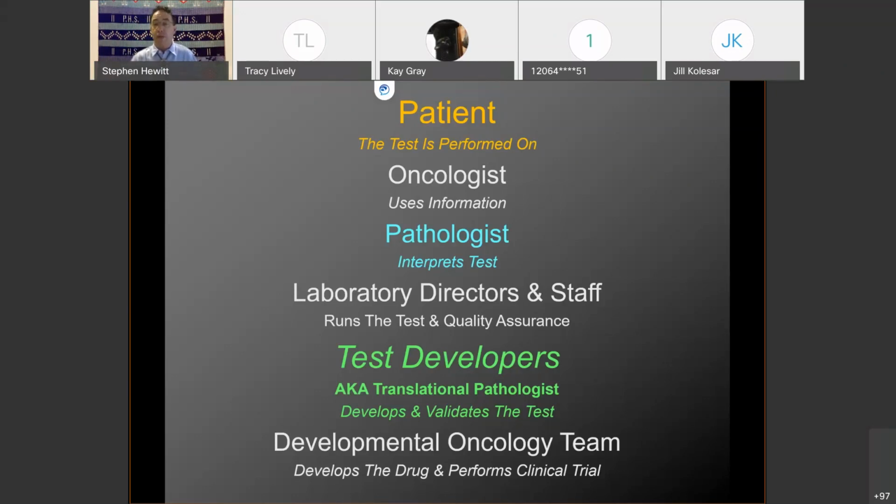And this is what happens at our own institution. Oftentimes, I'm working with investigators who come to me, and they have an idea for a biomarker. They want to investigate a gene of interest. And I build an immunohistochemical assay for them, and I carry out a diversity of activities in developing and understanding that test.